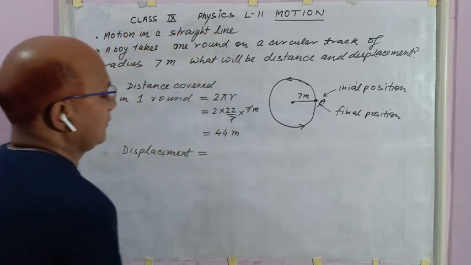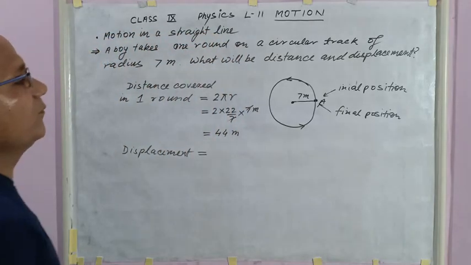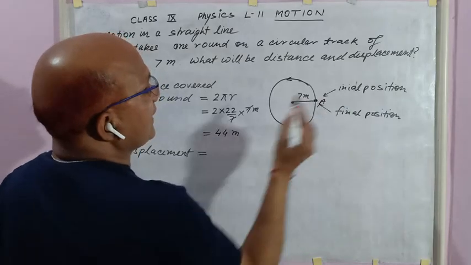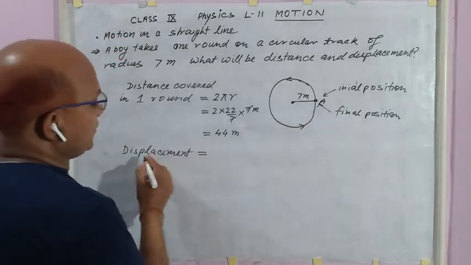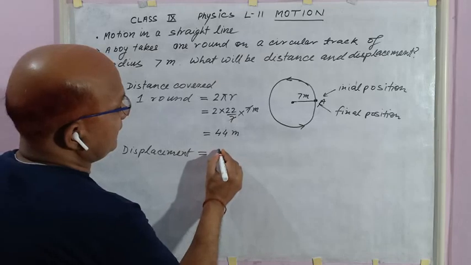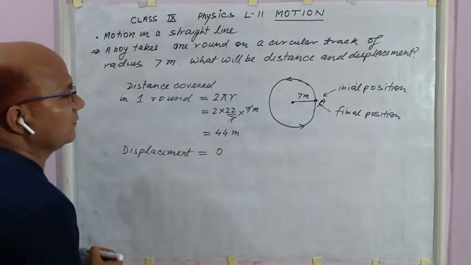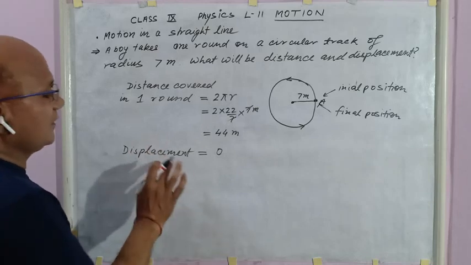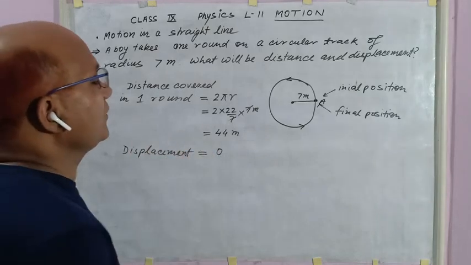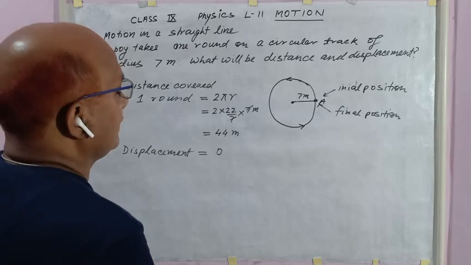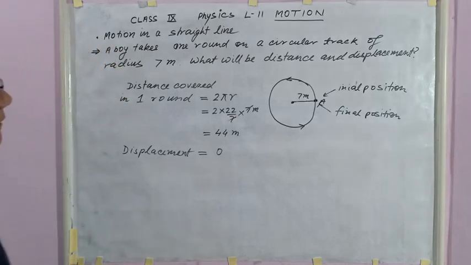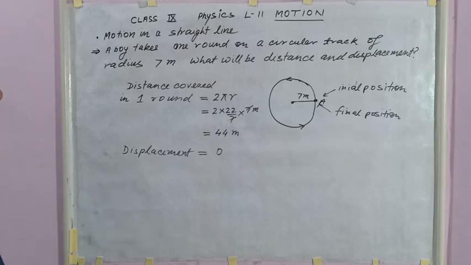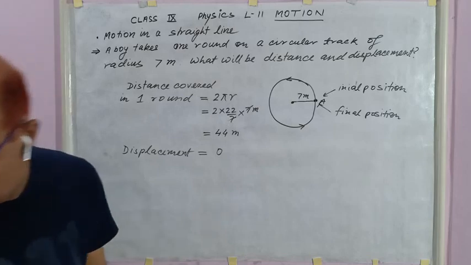So since both the positions are same, initial position and final position, displacement in this case it will be 0. So in some cases displacement may be 0, like in this example. You continuously take a screenshot and you note it.